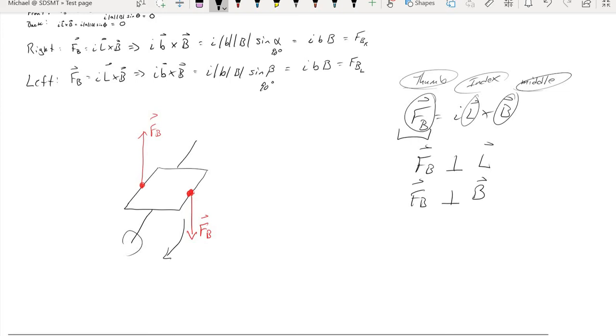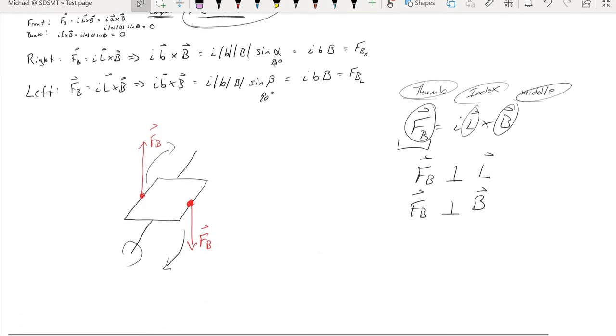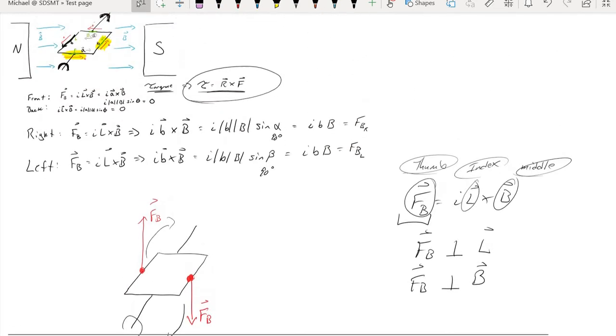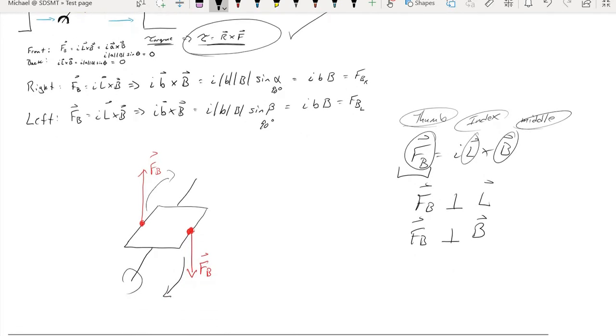Likewise, the force on the left is going to cause the loop to start rotating in the same direction. So these two forces are going to combine to provide some net amount of torque that acts on the loop. So that is the next portion that we need to talk about, is how much torque we are going to see acting on this loop.